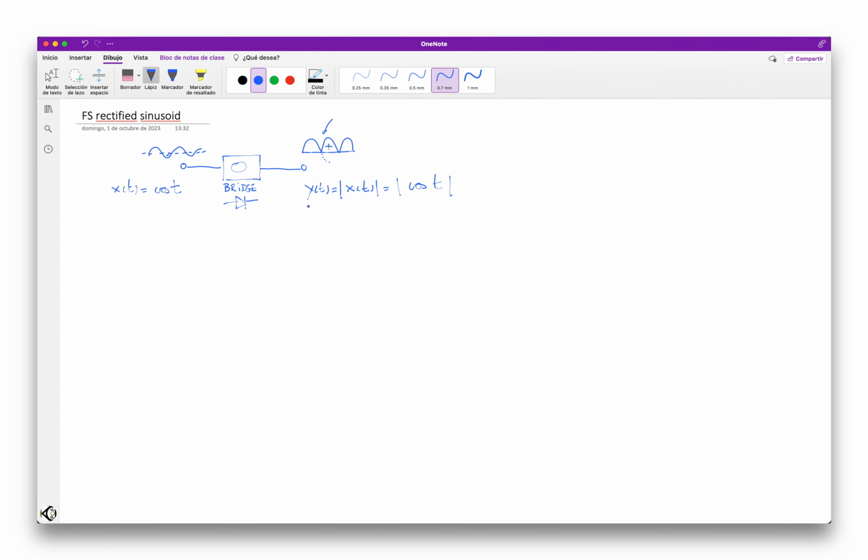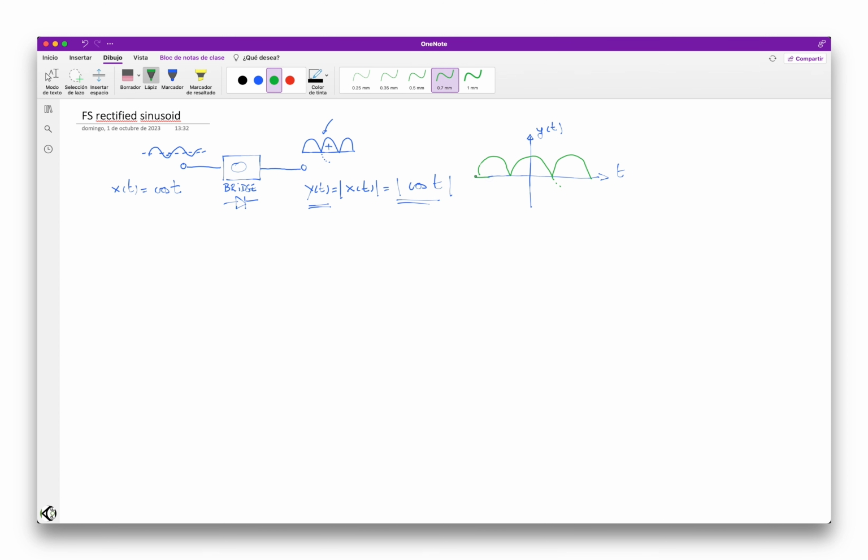So what we have to do is to get the Fourier series coefficients of the signal. If we plot y(t), this rectified sinusoid, what you get is what we have plotted over here. If it is a rectified cosine, you have the positive part of the cosine, and then the negative part, instead of going that way, gets rectified and goes over here, and also for negative t's.